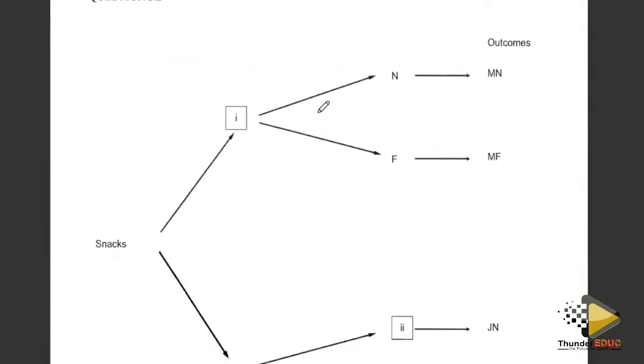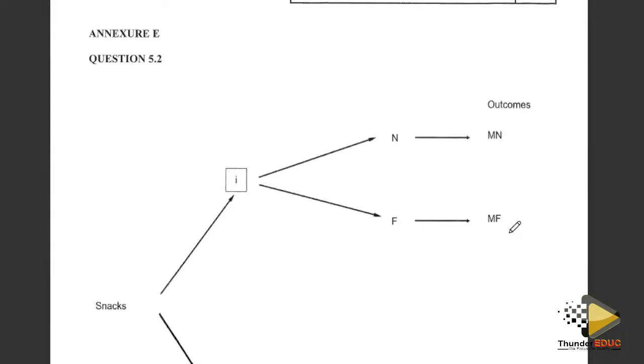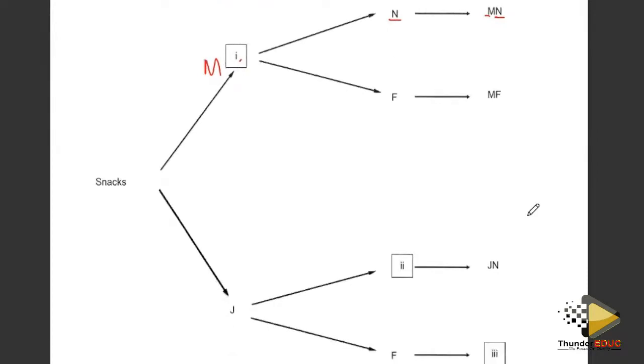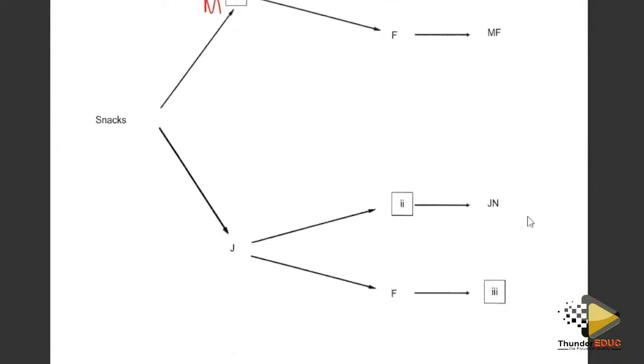Yeah, this is what we call the tree diagram. These are the possible outcomes. So I, remember we are giving answers for I. This one here, what could be the answer? Now, this is N, and indeed there's N here. That means this M came from here. So our I, it's M. Roman numeral 2, we have JN.